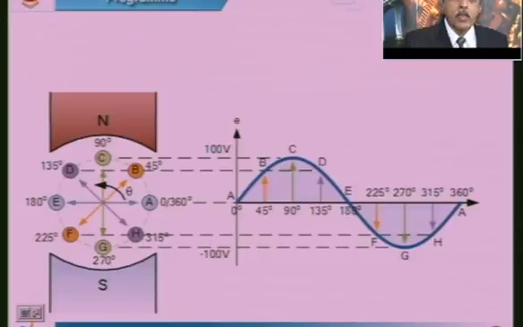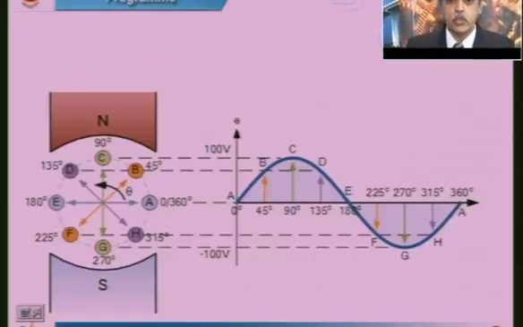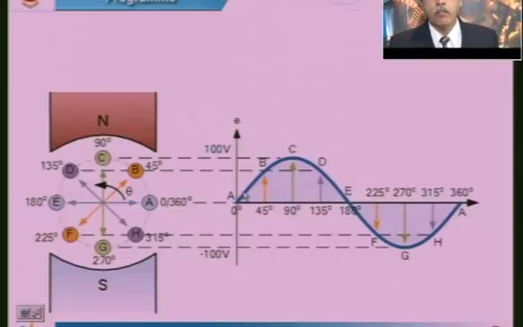Further, the coil voltage increases to minus 100 when the coil or conductor is rotated by 270 degrees, that is position G. Again, the voltage is increasing in the negative direction from 0 to a maximum and again coming back to 0 here. That is when the conductor occupies its original position of A, so the voltage comes down to 0. So here I have one positive alternation and this is a negative alternation. All the values in this alternation are negative, and here all the values of the voltages are positive.